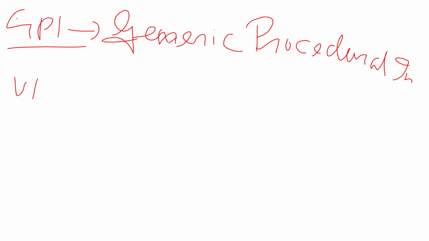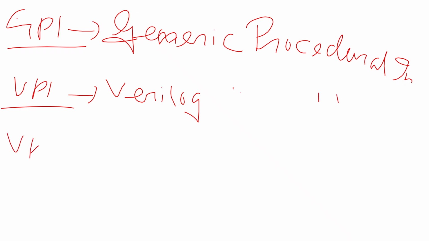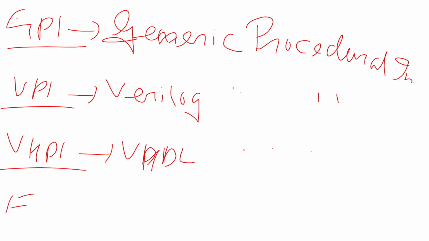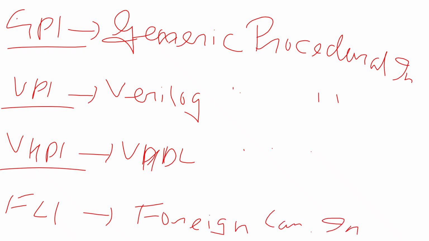First one is VPI. VPI stands for Verilog Procedural Interface. Then VHPI. VHPI stands for VHDL Procedural Interface. Then FLI, Foreign Language Interface. This interface is like a door opened by the simulator to communicate with outside languages like Python.